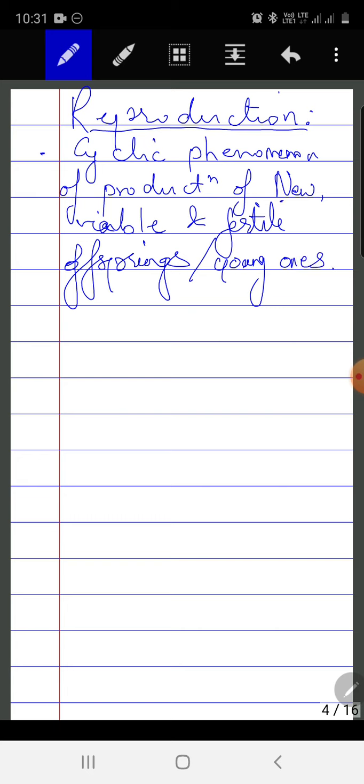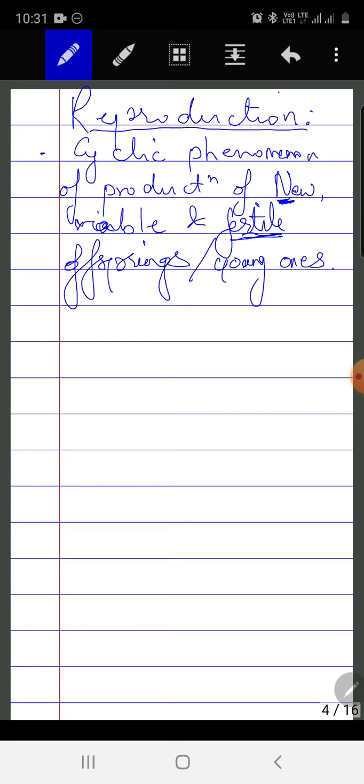They are new. They are viable, capable of surviving, and they are fertile. They should be able to carry out this cyclic phenomenon.